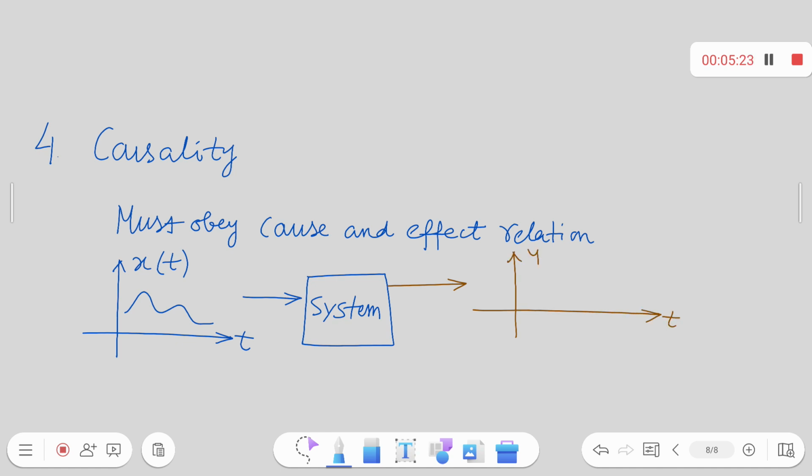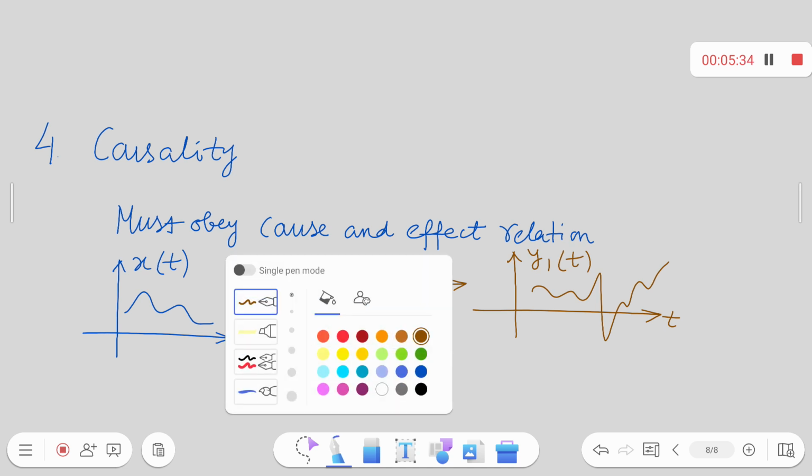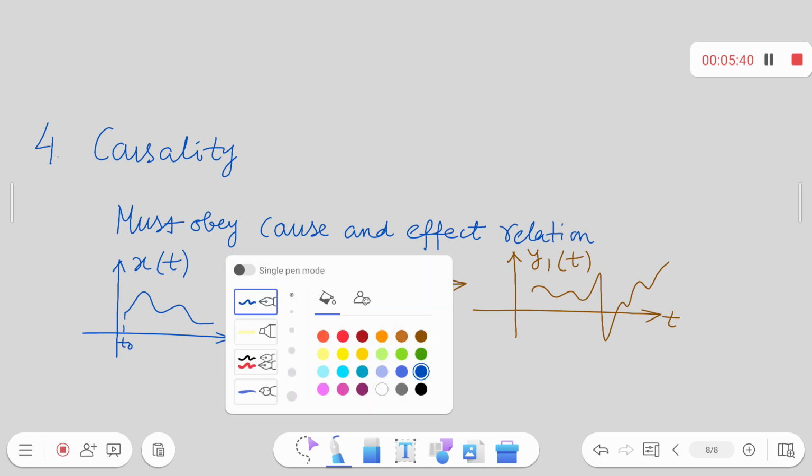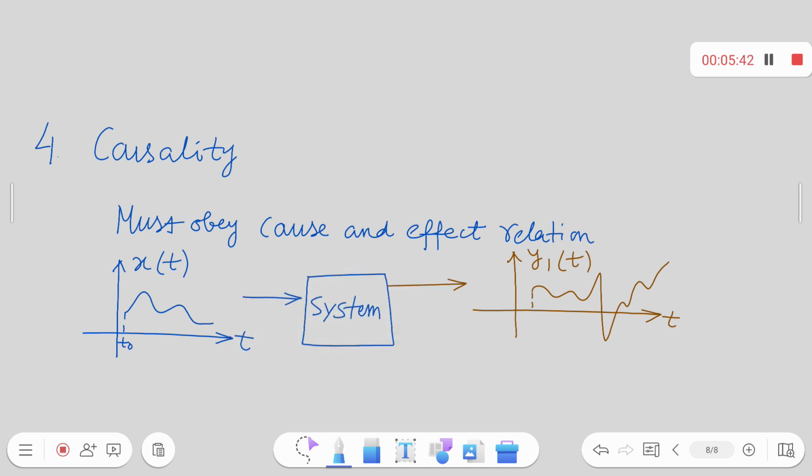Let's call this y1 of t, and the variation is something like that. Let's call this point t1, and say t1 is greater than or equal to t0.